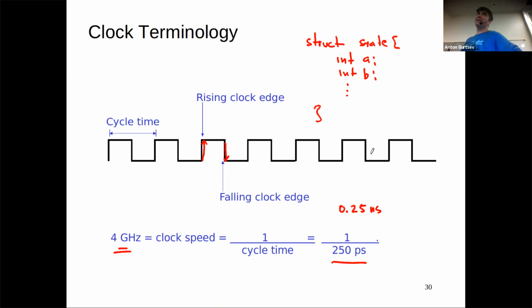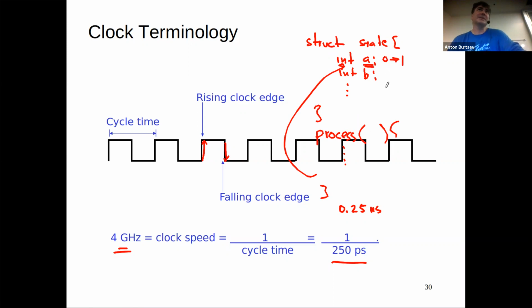So essentially, at every rising edge of a clock, I will invoke a function, call it process. This function process is a tiny bit of logic which has to finish and then update the state back, right? Maybe A changes from 0 to 1, B changes, or maybe B is unchanged, right?